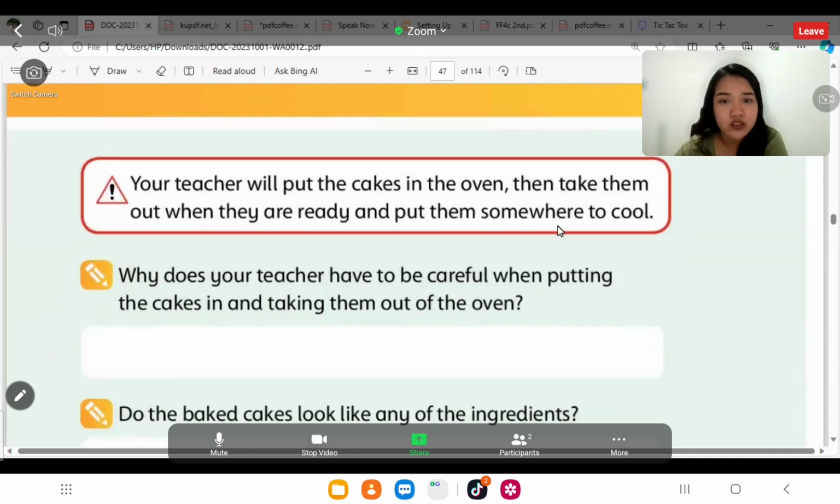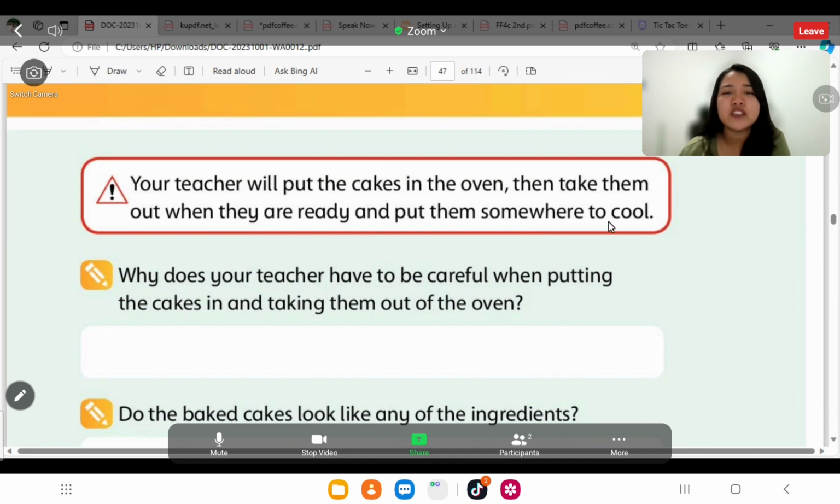So now let's try. Your teacher will put the cakes in the oven. Then take them out when they are ready and put them somewhere to cool.